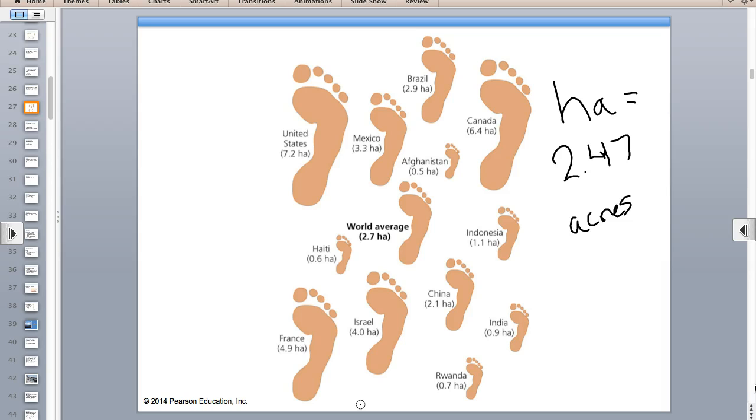So we're almost 2.5 times the average on Earth if we do the math. If you look at something like Mexico, we're over twice as much. Something like Afghanistan, we're 14 times as much because they have an ecological footprint of 0.5 hectares and we are at 7.2. So if I think about $7 and I think about 50 cents, that comes out to be 14 times as much. Yes, Daniel?